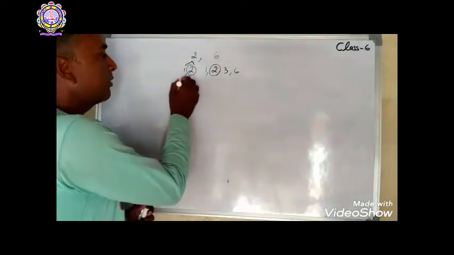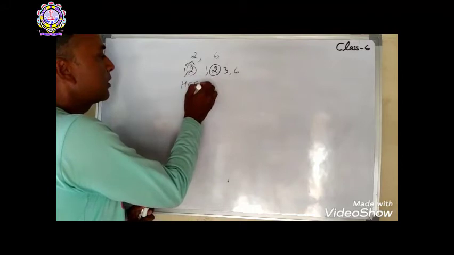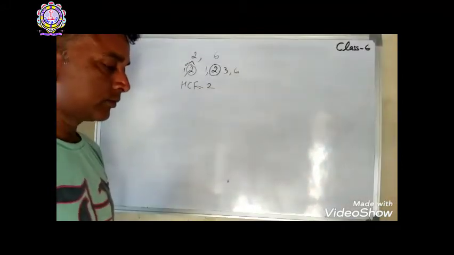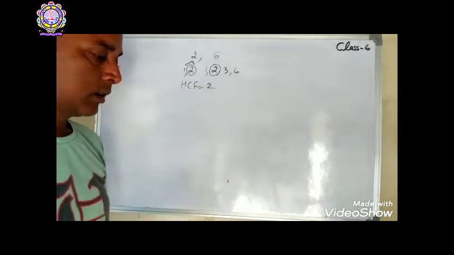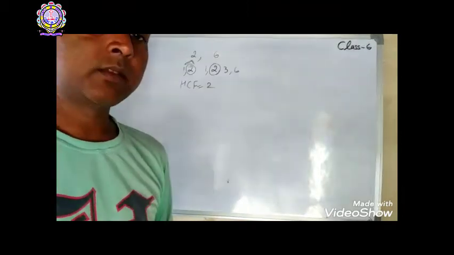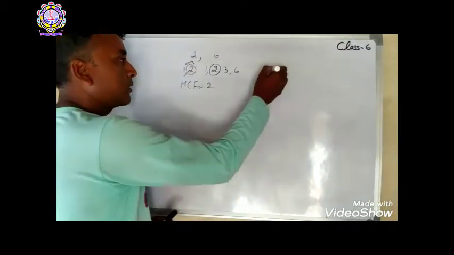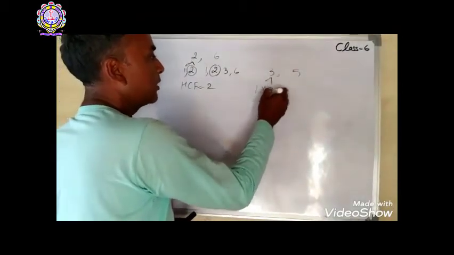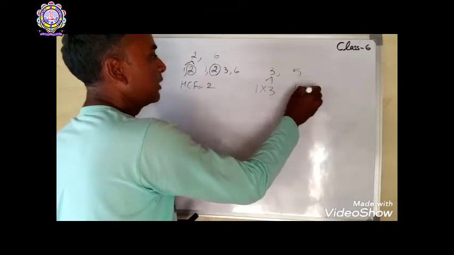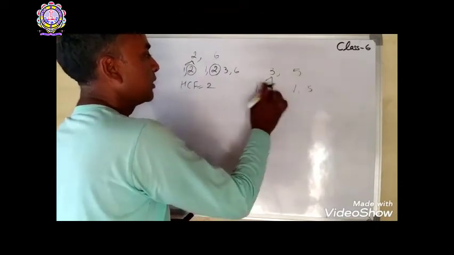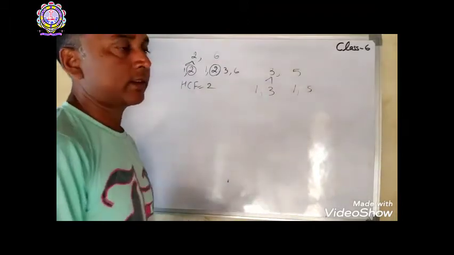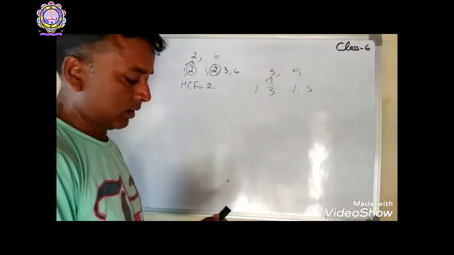But what is the HCF? HCF is 2. And next, two odd numbers, any two like 3 and 5. The factors of 3 are 1 and 3, and the factors of 5 are 1 and 5. So what is the common factor? 1. And the HCF is obviously 1.